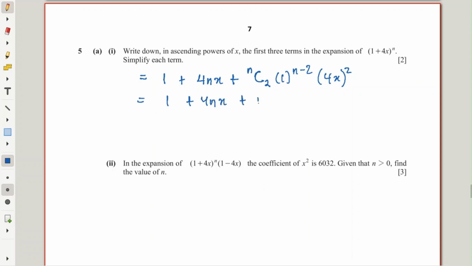So this is the same as n multiplying n minus 1 over 2 times 1. You know 1 to the power, this will still be 1. This will give you 16x squared.